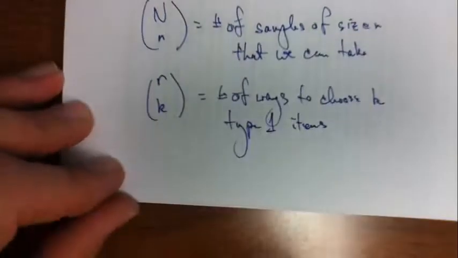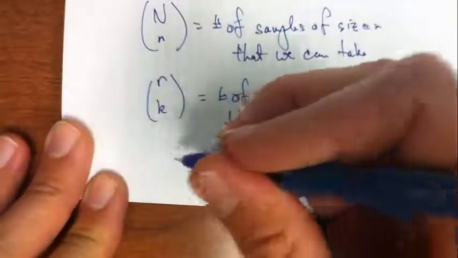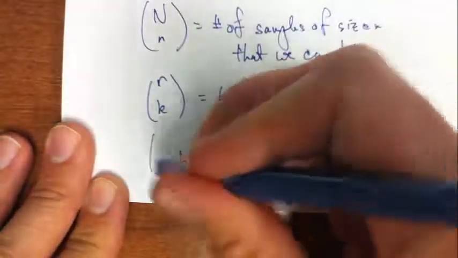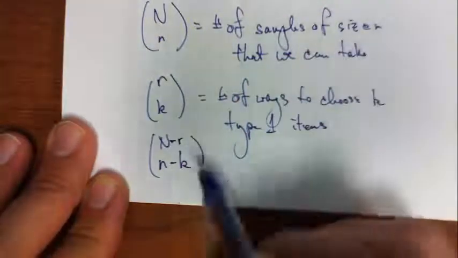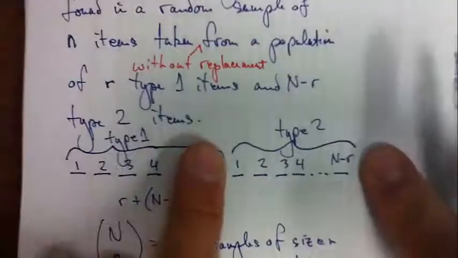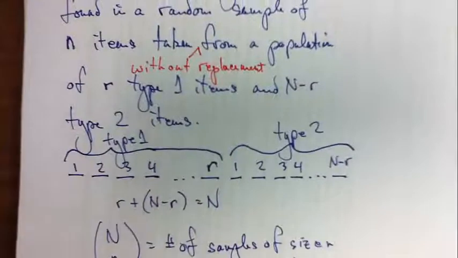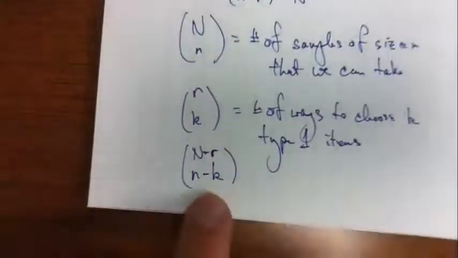And finally, what's the total number of ways to choose, say, n minus k of the other type? Well, there are big N minus r type 2 items, right? And so if I'm going to choose k type 1 items, but I've got a sample of size little n, then little n minus k have to be the type 2 items.